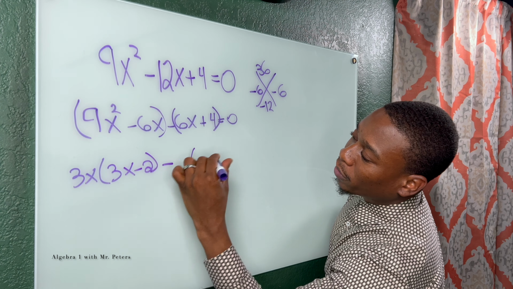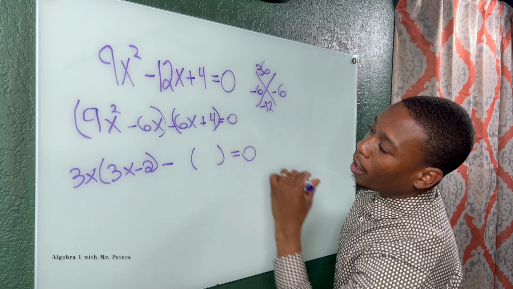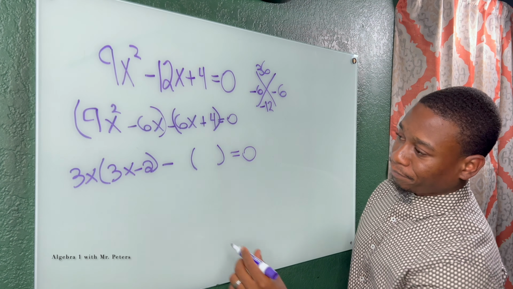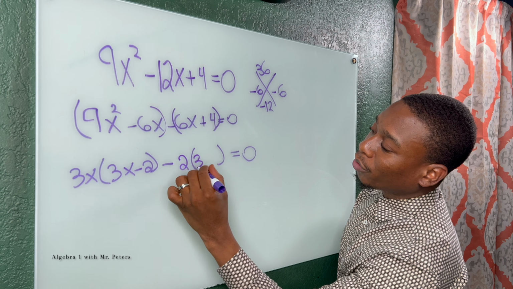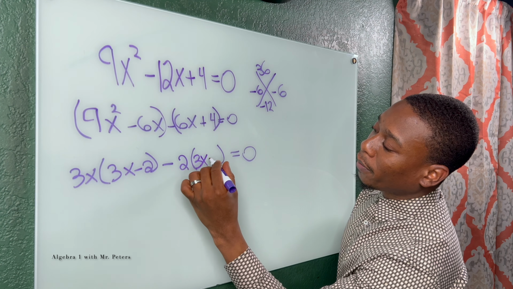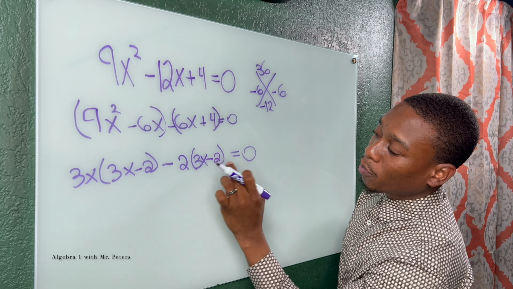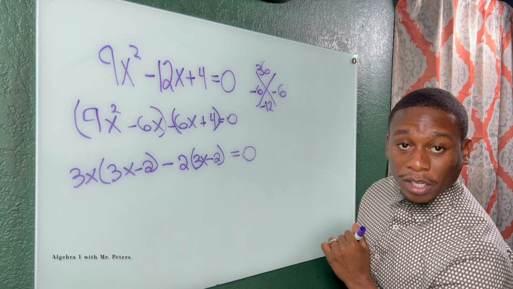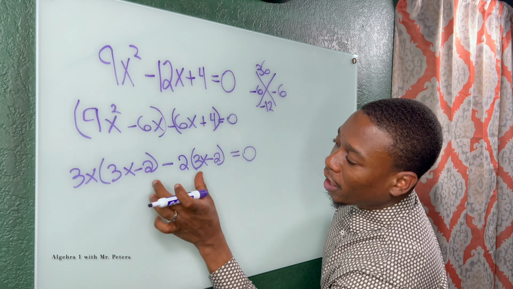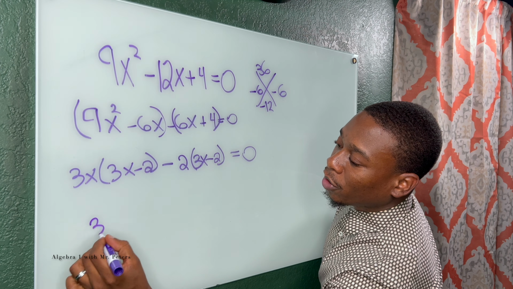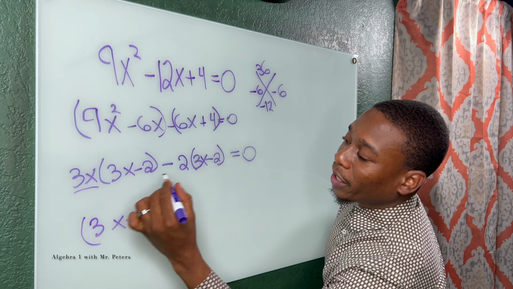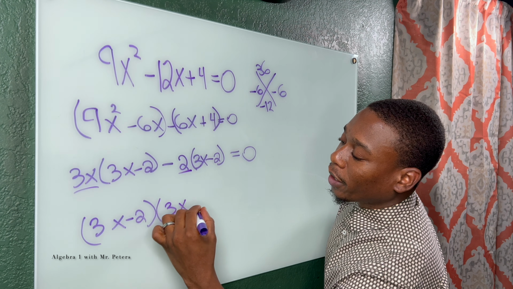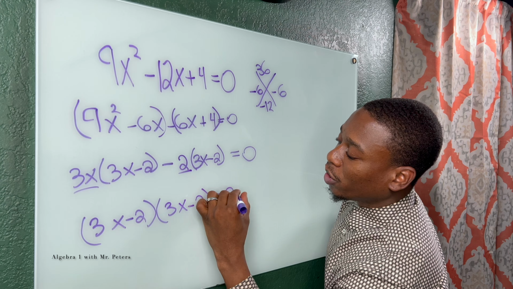And then in the second set of parentheses, I'm going to take out a negative 2. And what I'm left with is 3x minus 2. Once we multiply these negative 2's, we get that positive 4. So we notice now we have the same thing in the parentheses. 3x minus 2 times 3x minus 2 is equal to 0.